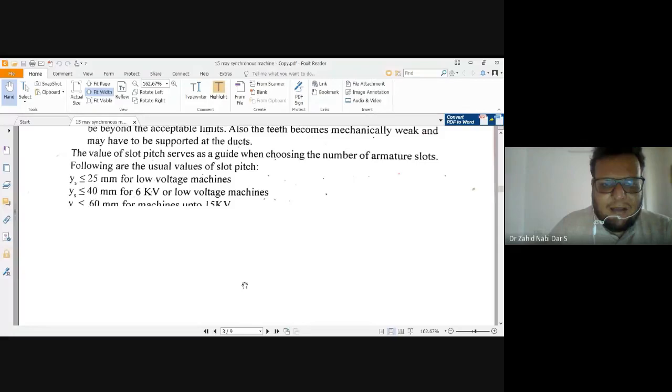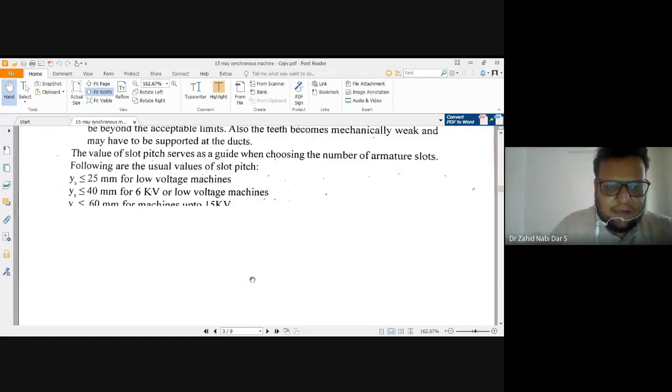So the value of the slot pitch, that is how many slots per pole, slot pitch meaning pitch divided by pole, serves as a guide when choosing the number of armature slots. So this YSS, in induction machine also we saw this. Following are the usual values of slot pitch. See this, in induction machine it was different.